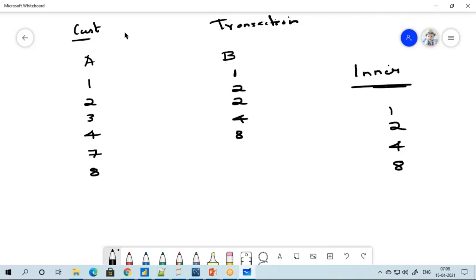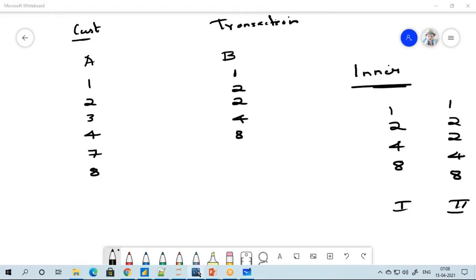No, 1, 2, 2, 4, 8. Who is telling me the first one? Who is telling the second one? Me, Anjali. Santosh, Suraj, the second one.